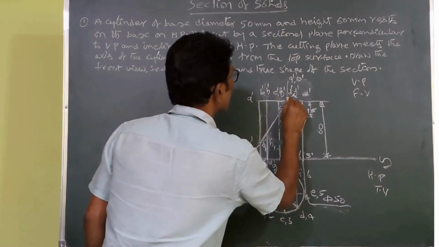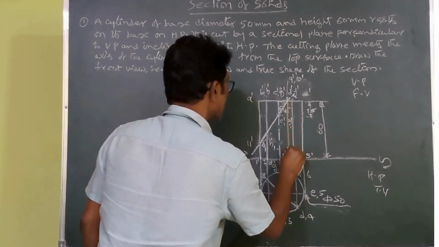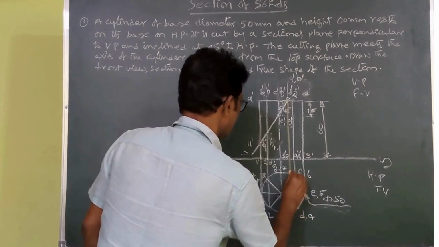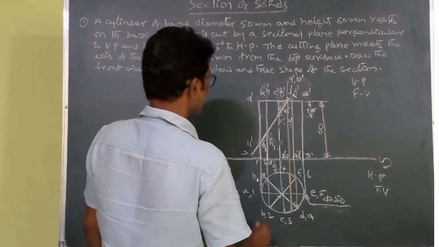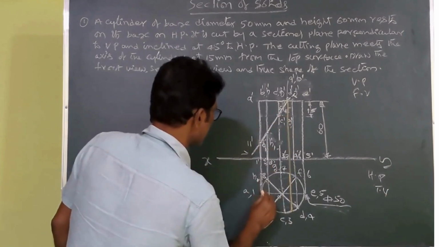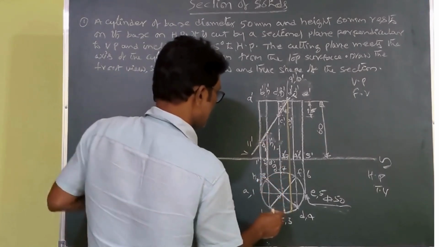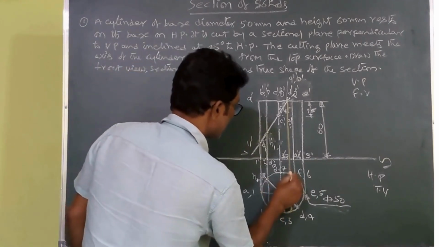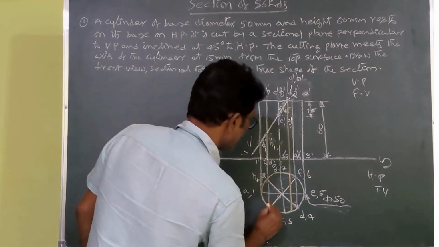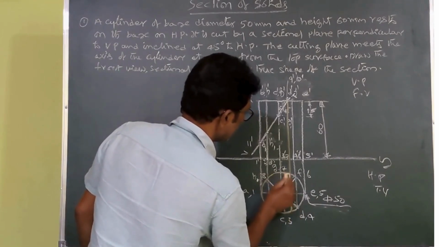So here for 9 and 10, I would like to draw a projector line. Already this cutting plane is passing through that, and we have given the names here. So this is the shape that appears in the top view.